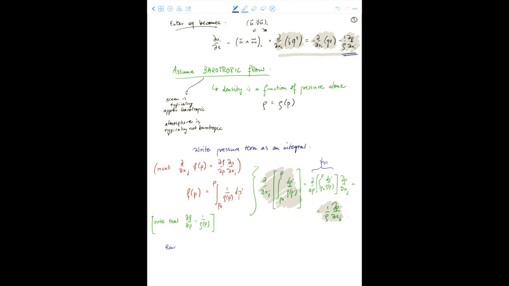Let's rewrite Euler. We still have du_i/dt. And then let's take this second term over onto the other side, so that becomes positive. I'm turning everything positive here.